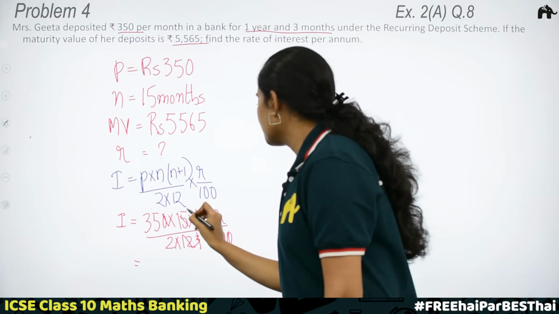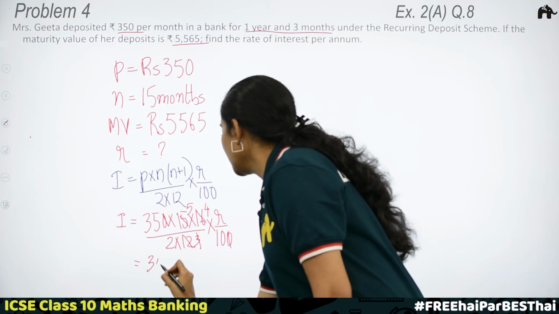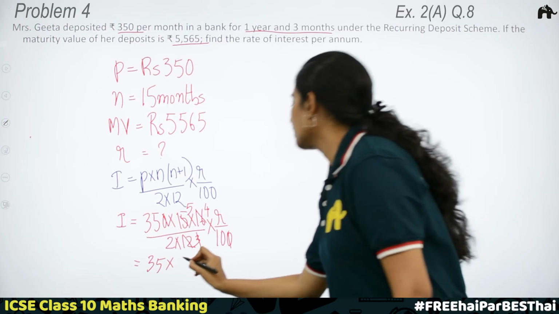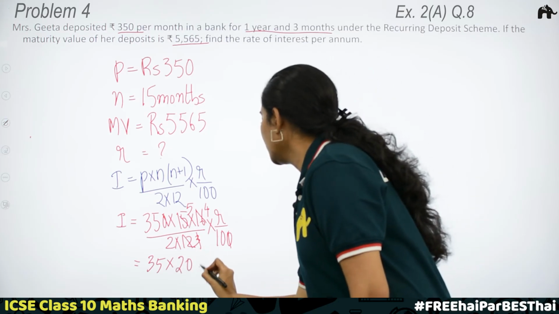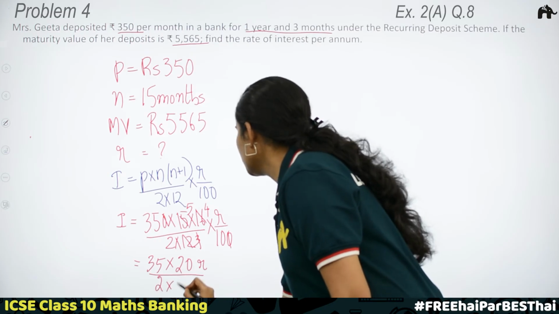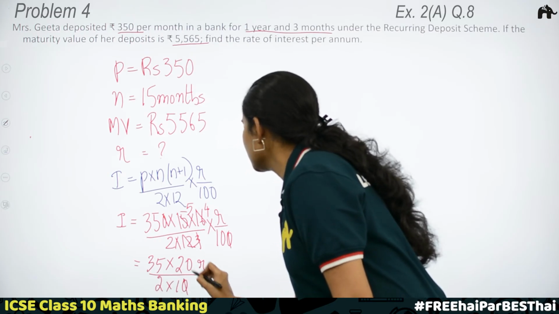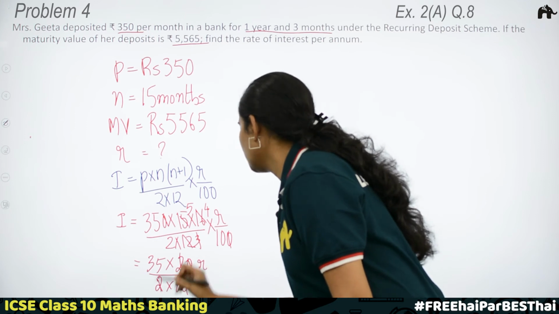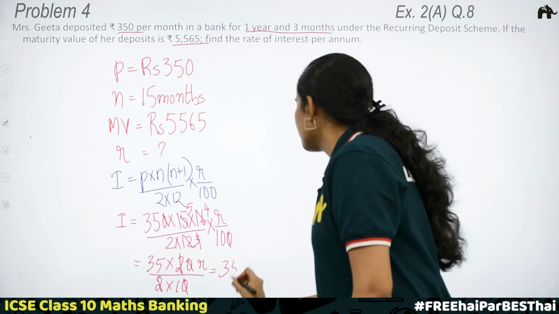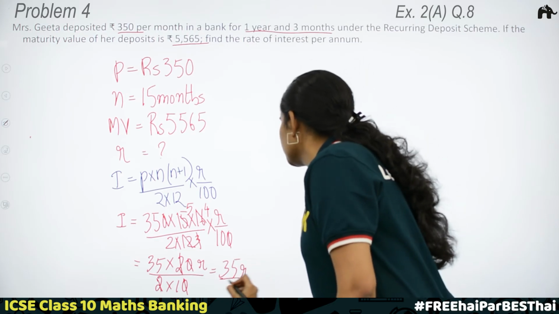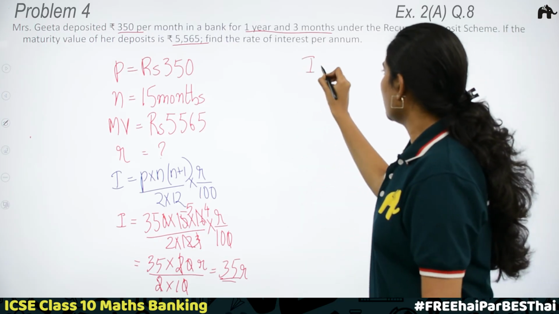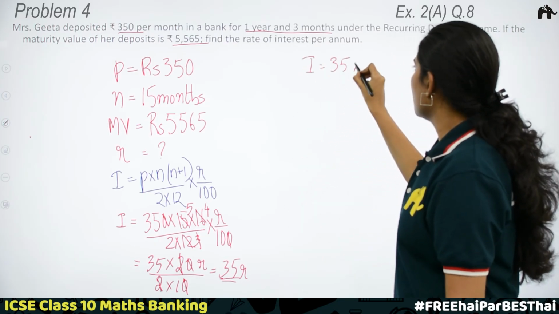You will be getting 5. 35 into 5 into 4, 20 into R divided by 2 into 10. Now you can cancel the zeros. 2 can be cancelled. I is equal to 35 R.